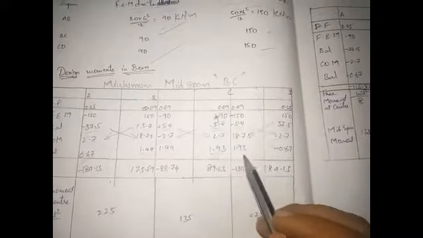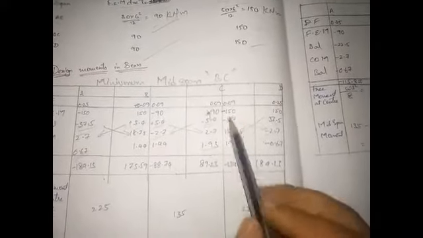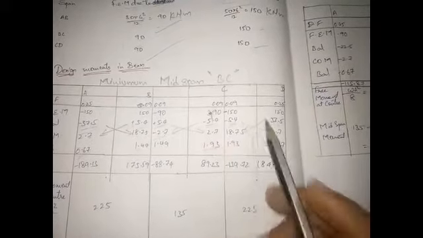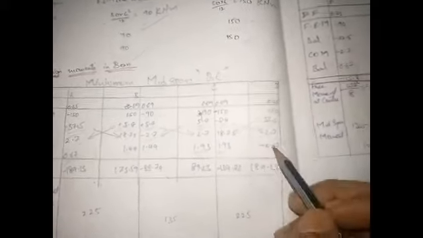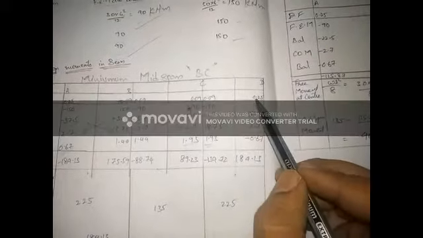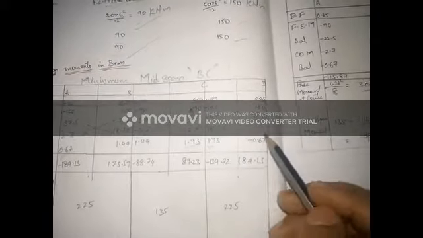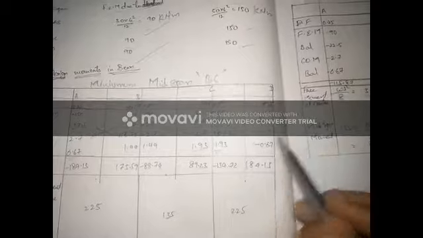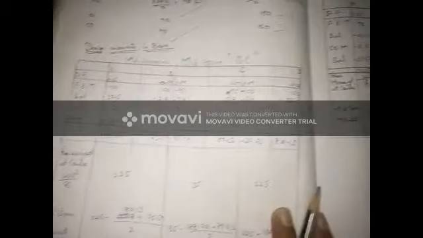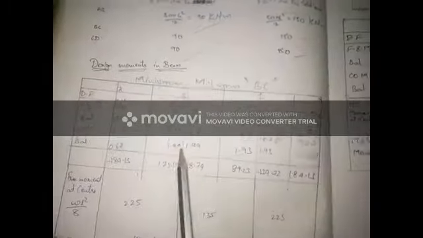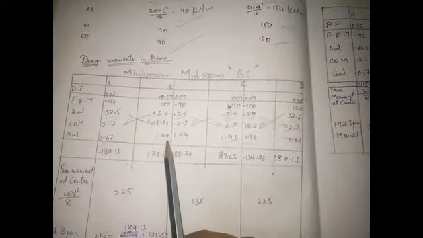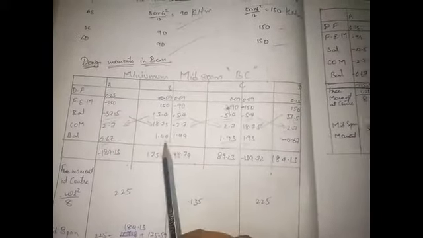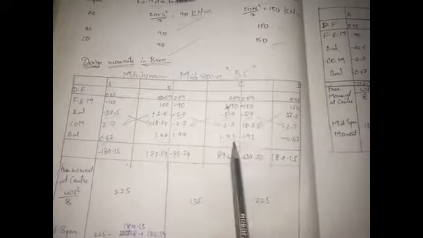In a similar way, 0.09 into 2.7 plus 18.75 will give us 1.93. Next, for joint D, it is minus 2.7 into 0.25, that is minus 0.67. So here, as in the moment distribution table, when the joint adjacent member values are similar, then we will close the section.